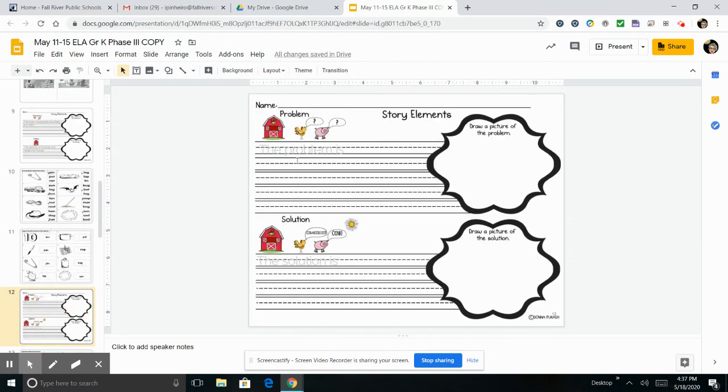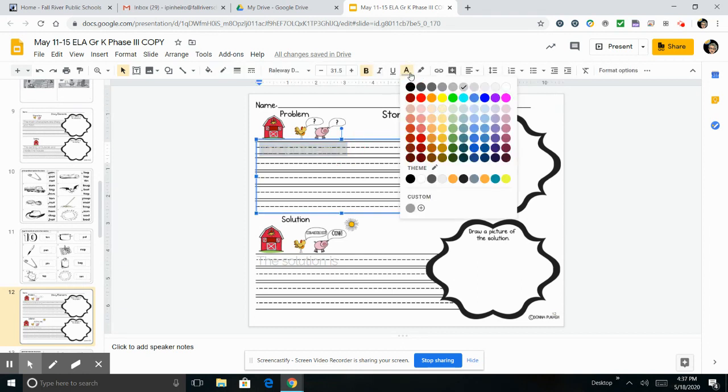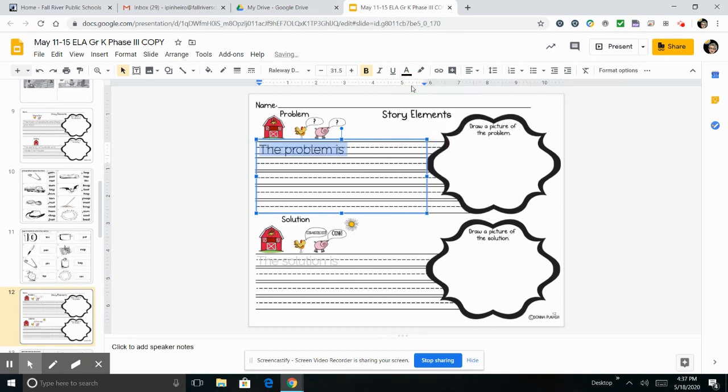The next page has the problem and solution for Zoe, the story about Zoe and the pets. Again, I'm going to make the words darker so that you can see them on my screen. If you're typing, you can type, and if you have paper, you can just write. So the problem is Zoe wanted a pet.